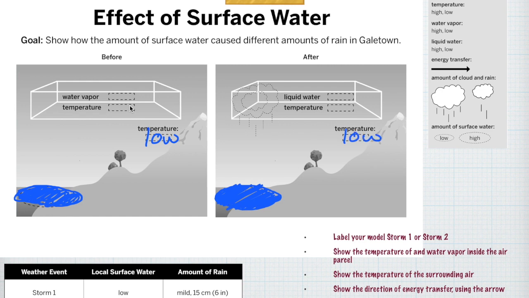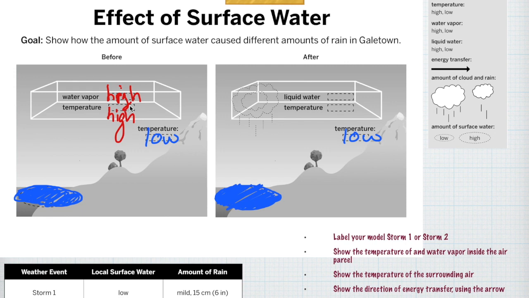And again, the temperature of the water vapor would be high because it's evaporating. And there would also be a high amount of water vapor because more water on the surface means more water vapor when it evaporates.